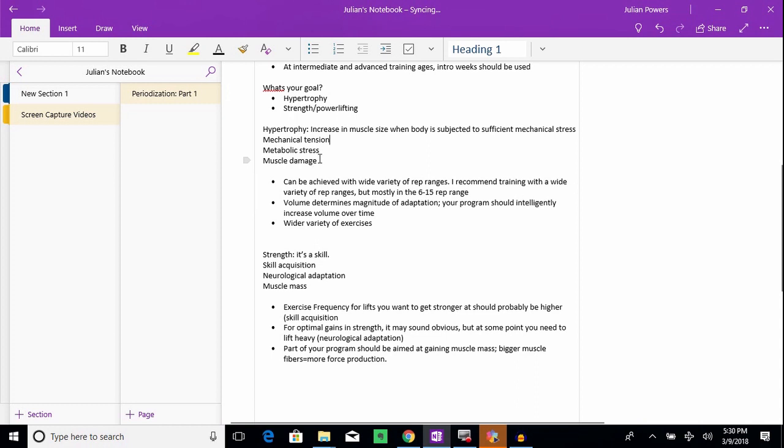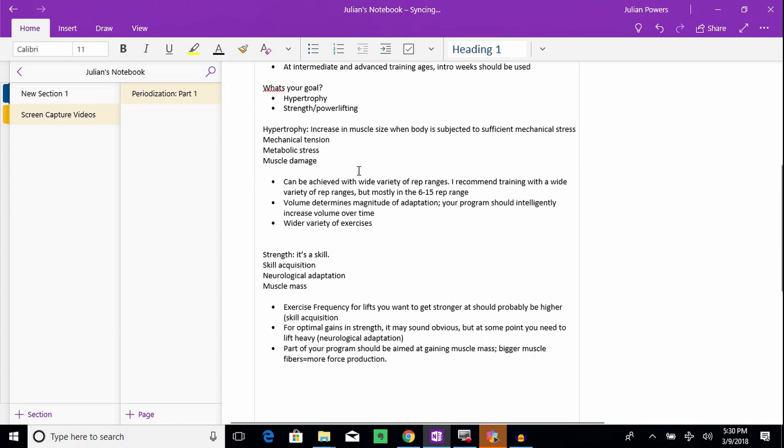Hypertrophy can be seen in a wide variety of rep ranges, just like I just talked about. High repetitions, low weight would be metabolic stress, heavy weight would be mechanical tension, and moderate rep ranges would be a moderate of both.